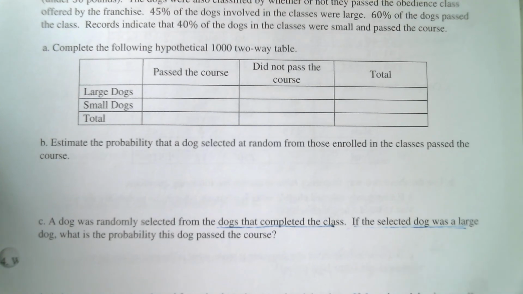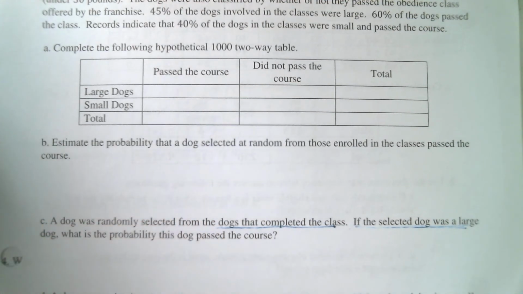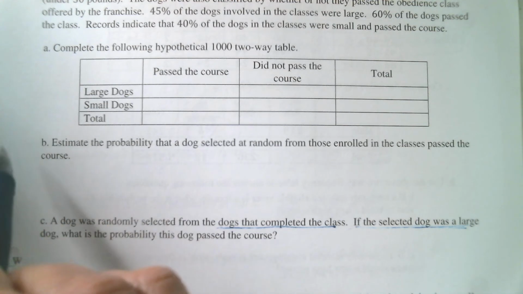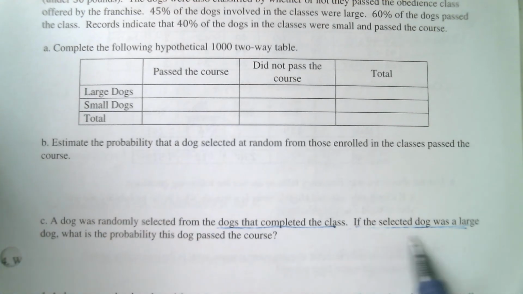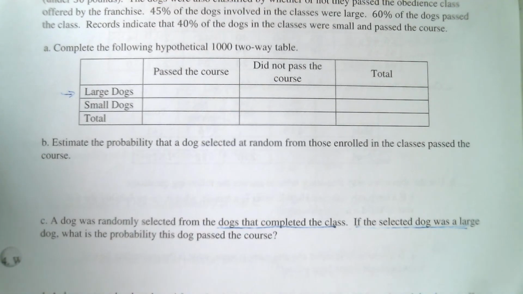What is the probability the dog passed the course? So for C, you're simply looking at your pass the course. We're looking at large dogs. So the dog selected was large. You're looking at that row.